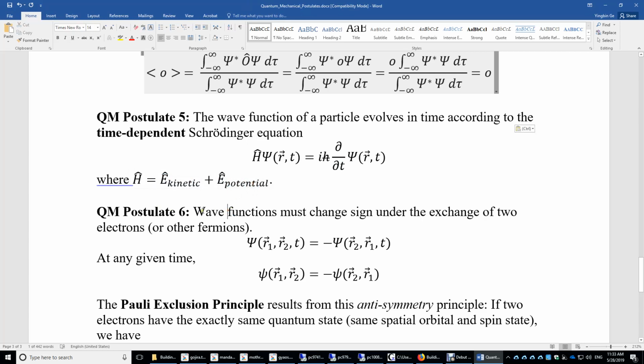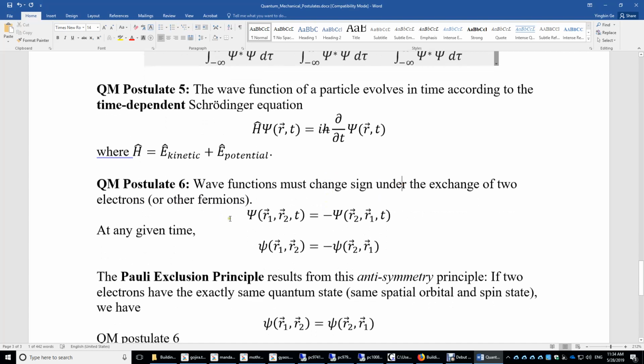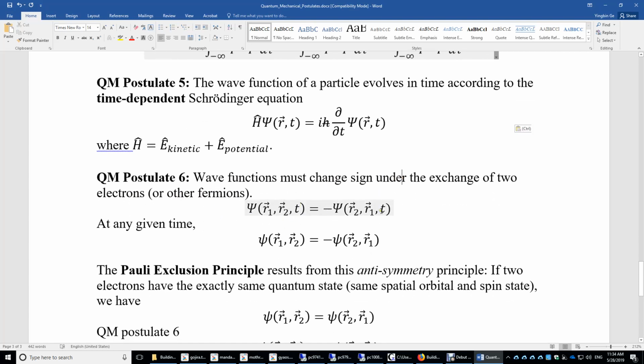In postulate 6, it says wave functions must change sign under the exchange of two electrons or any two other fermions. And the mathematical equation is very simple if we exchange electron 1 and electron 2. So now I'm putting 2 in front of 1, so I swap this, the sign must change.